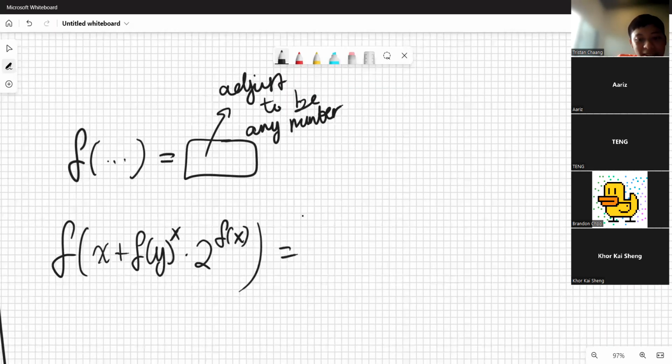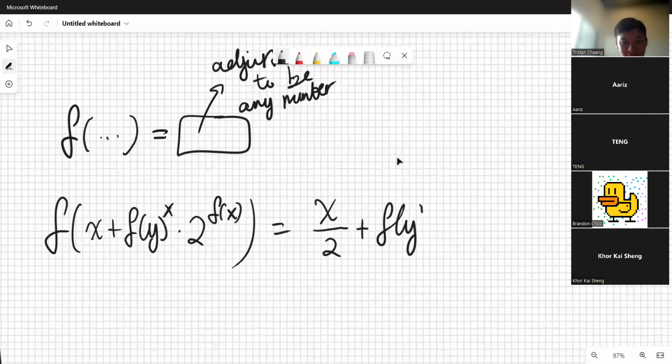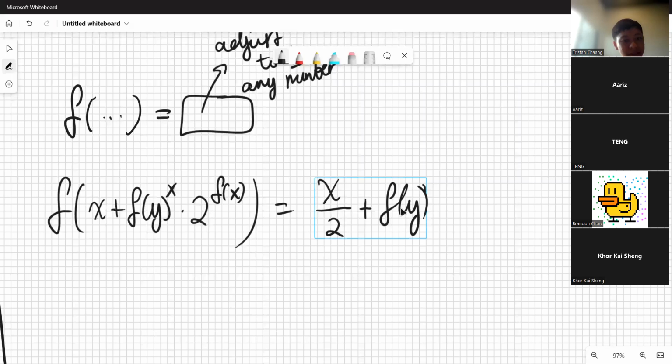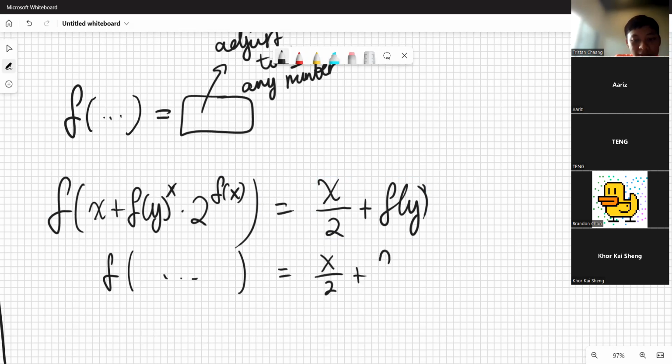Let's say x over 2 plus f(y). Then notice, if I fix y, in fact, I can just plug in y equals 0 or something. So this is something blah, blah, blah in terms of x, doesn't matter. And this is x over 2 plus f(0).